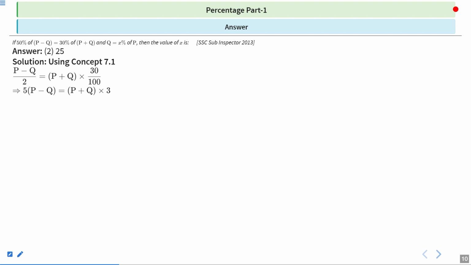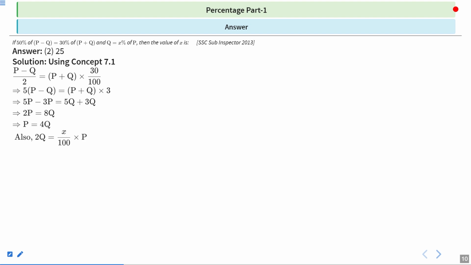When we simplify it, we get 5 multiplied by the bracket (P minus Q) equals the bracket (P plus Q) multiplied by 3. Simplifying, we get 5P minus 3P is equal to 5Q plus 3Q. So we get 2P equals 8Q, or we can say that P equals 4Q.